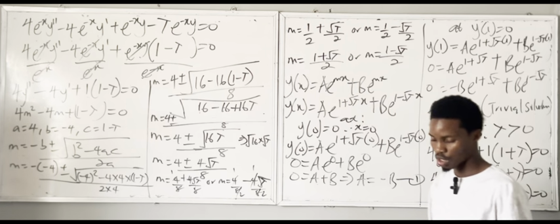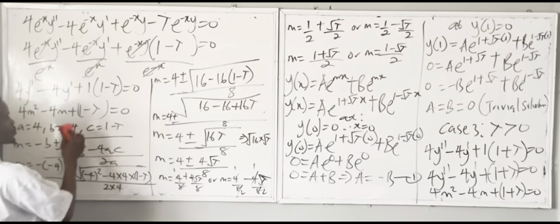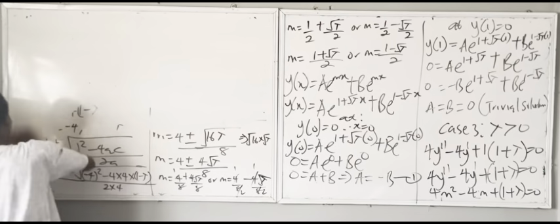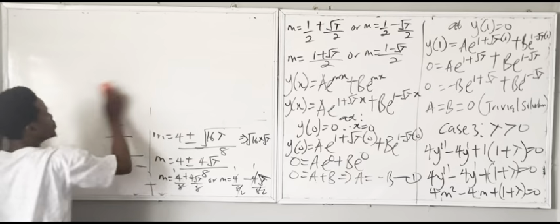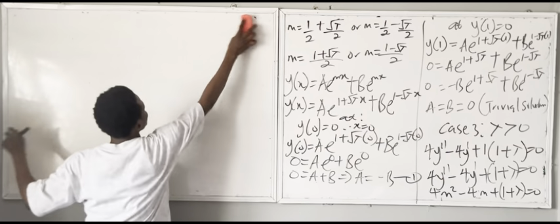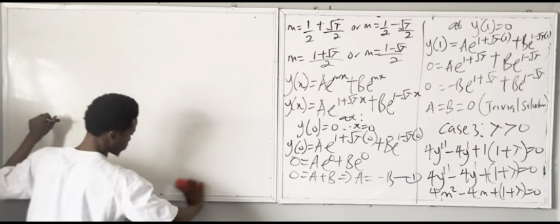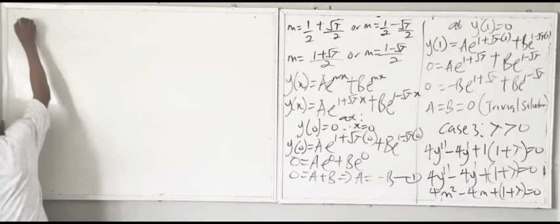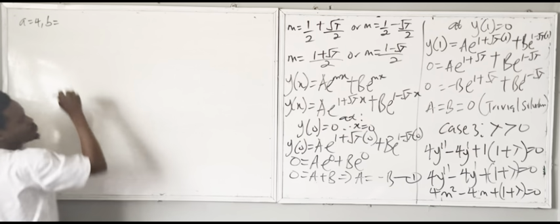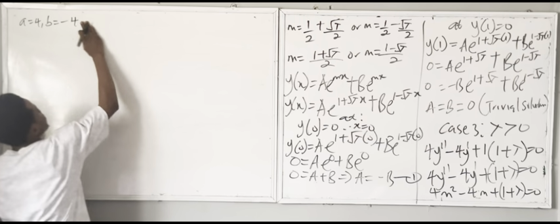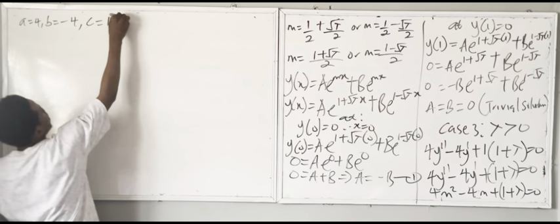We are going to use the quadratic equation to solve this as well. So my a is 4, my b is minus 4, while my c is 1 plus lambda.